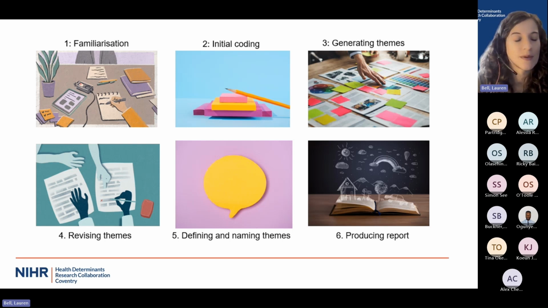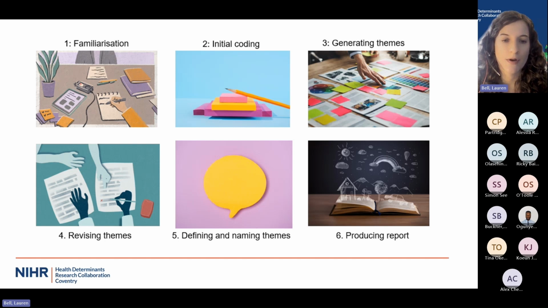You might read through the interview again, and all of this process is important to become familiar with the data set that you're generating. The next stage, you will start to code the data. So that essentially is going through the data to identify meaningful aspects, things that relate to your research question.